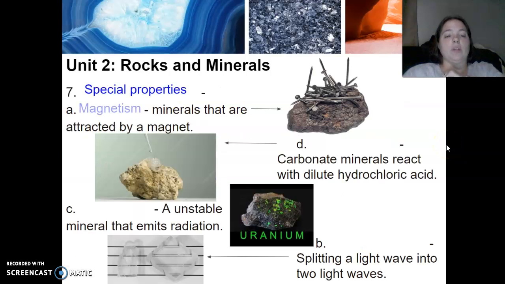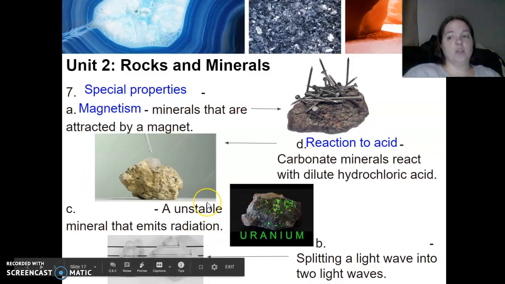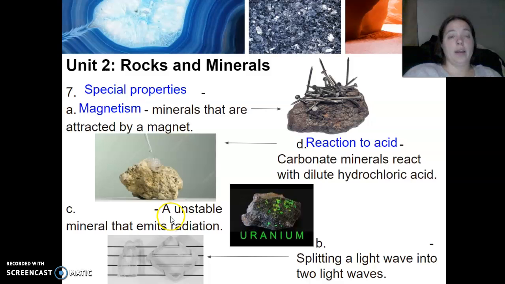So some special properties. We've got magnetism, where magnetite magnetizes, attracts metals. And then you have this bubbling thing. So calcite bubbles when you put acid on it. Pretty cool. Because of the calcium. Because calcium reacts with water and acid.